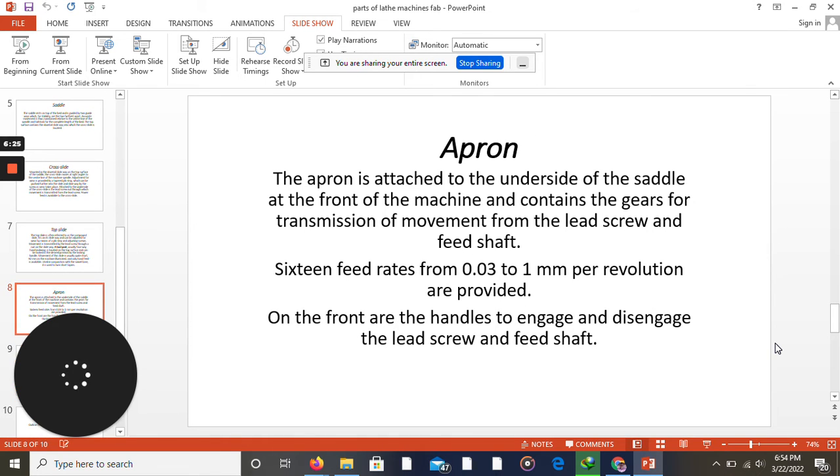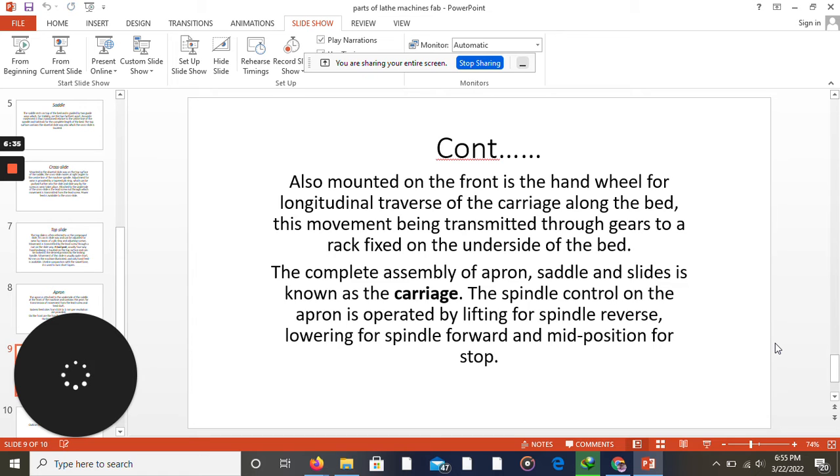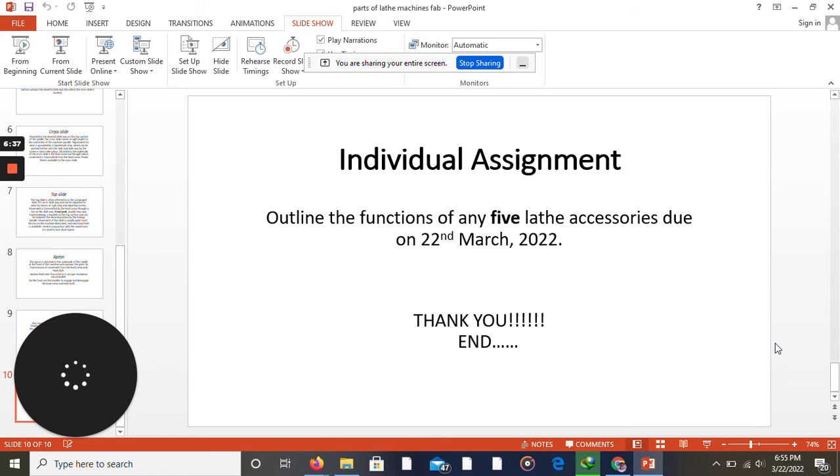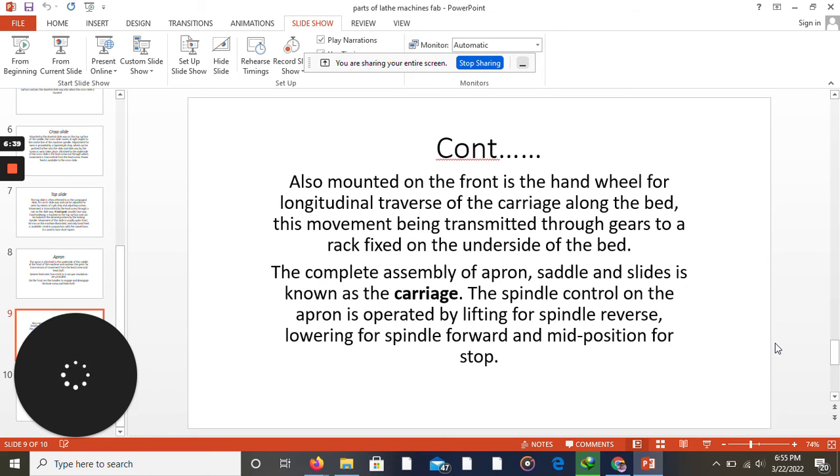The apron actually is attached to the underside of the saddle at the front of the machine and contains gears for transmission of movement from the lead screw and feed shaft. Also, the apron together with the saddle is normally known as the carriage.